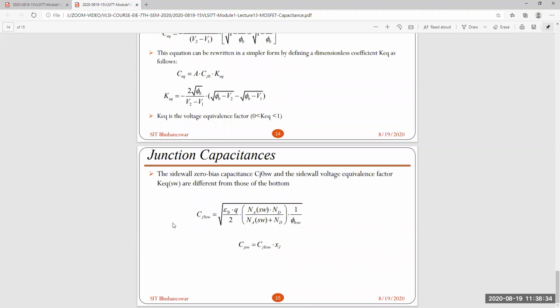So finally, CJ0SW, sidewall capacitances. These are capacitances, then you multiply by the area only. CJSW into XJ. The sidewall zero-bias capacitance and the sidewall voltage equivalent factor, these things you can directly see from the Kang book.